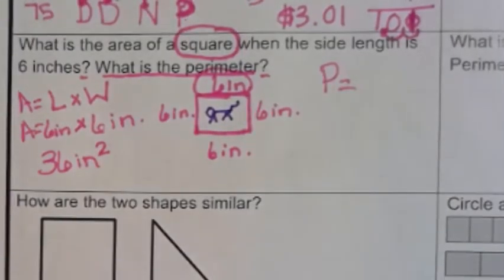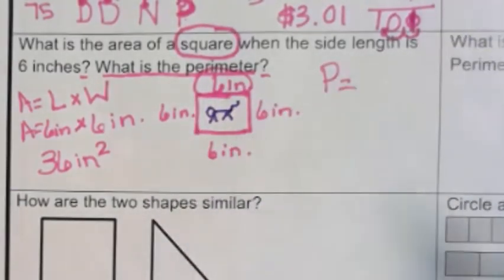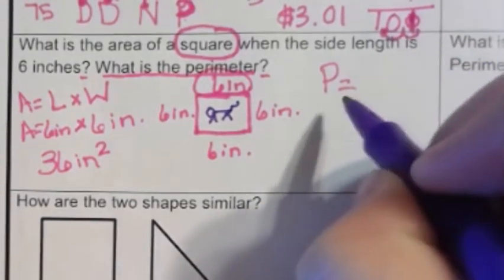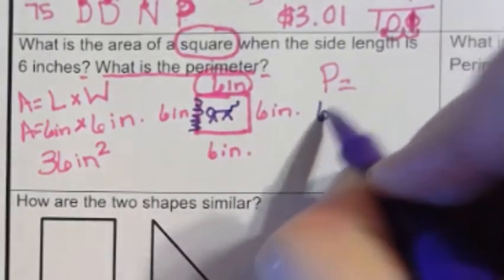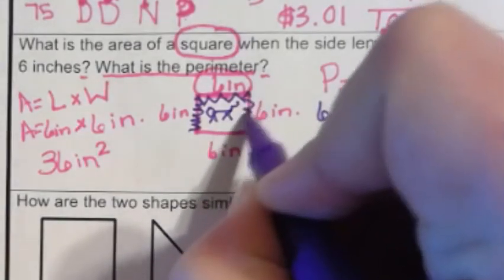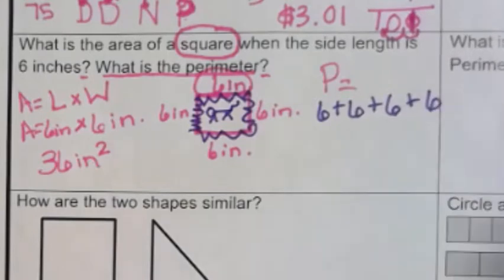And so if I'm going to go to the store and buy some lumber for Sparky, I need to know how much lumber I need to buy. So how would I go about that, Miss Powell? You're going to have to add up every side. So I need 6 inches on this side, plus 6 inches, plus 6 inches, plus 6 inches. Sparky has no way of getting out now. I can be sure that he's going to be there whenever I leave the fence.